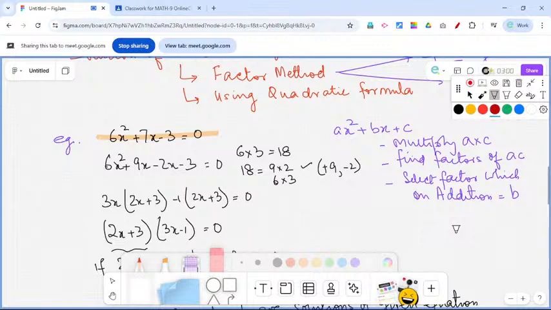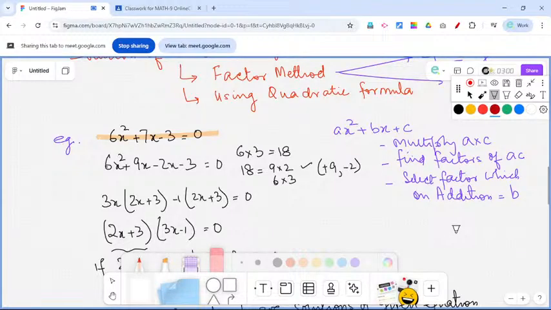So we multiply ac and then find factors of ac, and then we select that factor pair which on addition gives you the middle term, which is your b.